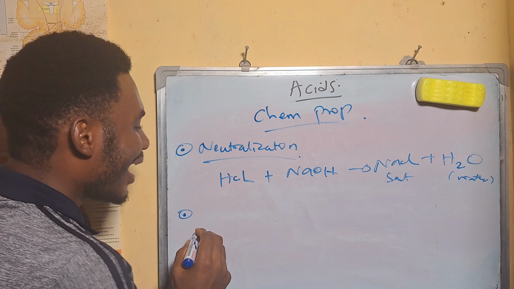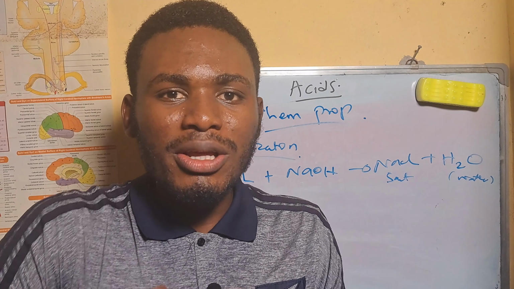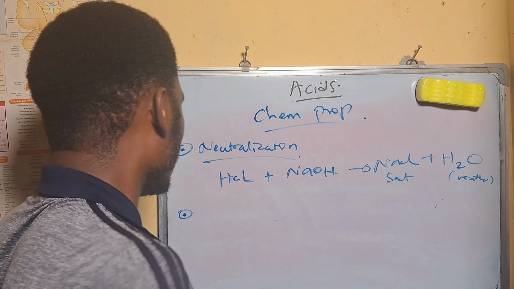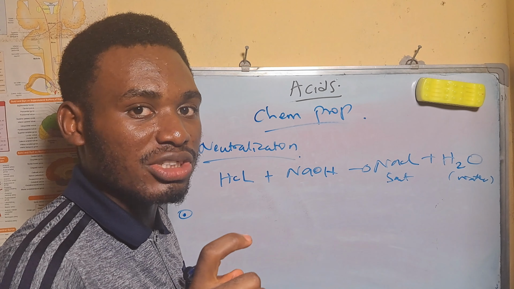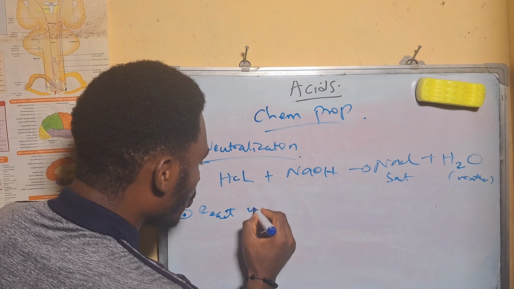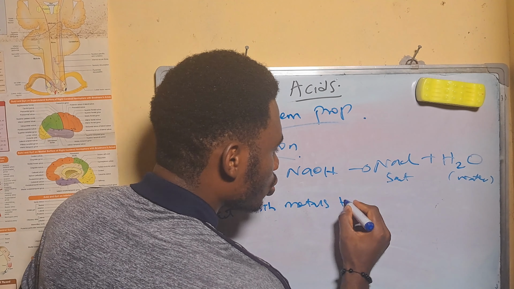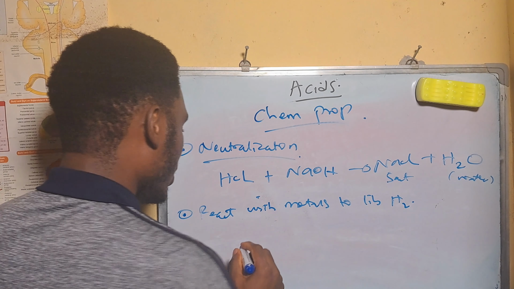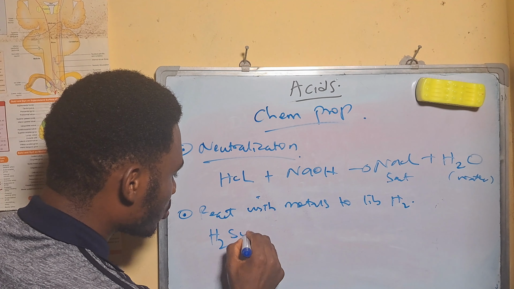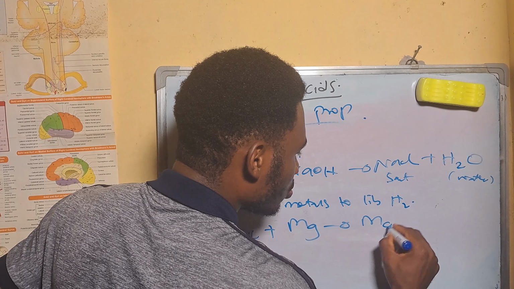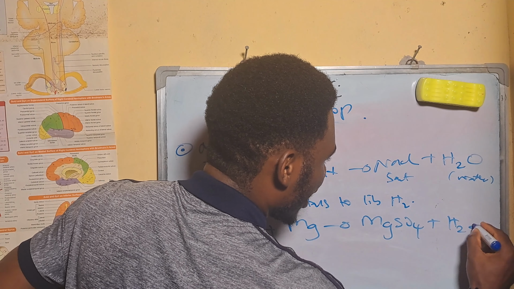The second property of acids is that they react with metals to liberate hydrogen gas. These metals are mostly reactive metals, so it's not all metals. I'm going to give you an example with the chemical equation: H2SO4 plus magnesium gives magnesium sulfate plus hydrogen gas.